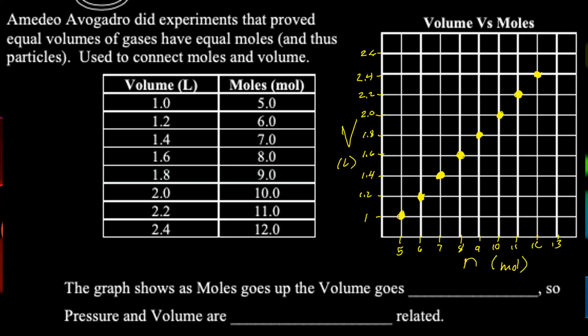See, now the great thing about seeing this graph is I could even predict what it would be with 2.6. I don't even need that data anymore. I can use the line of the graph. This would be where it would be great to grab your ID, use it as a straight edge, and connect all those dots with a nice straight line. I'm going to try to, it's not going to go well, but I'm going to try to use freehand a perfectly, wow, told you it wasn't going to go well.